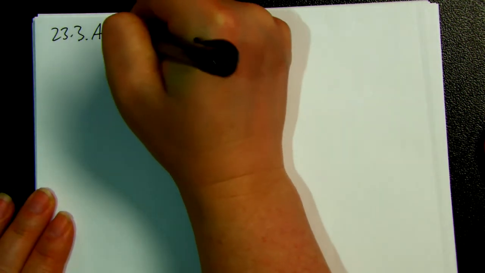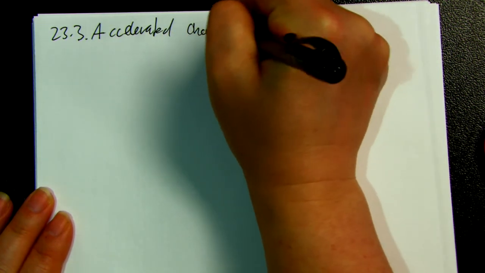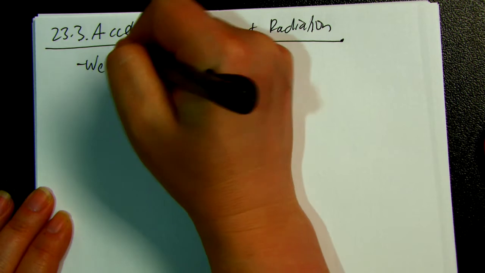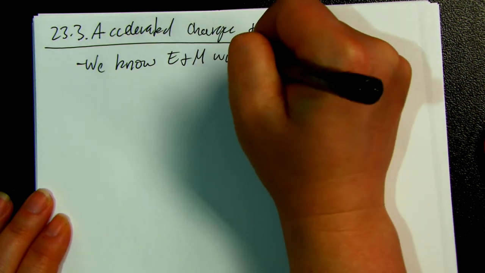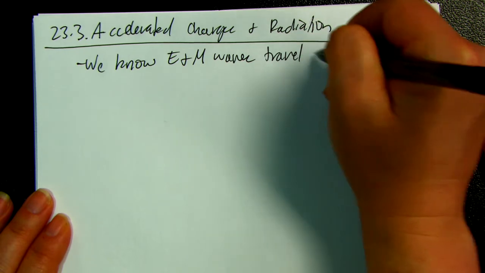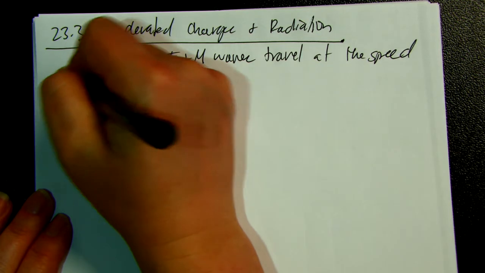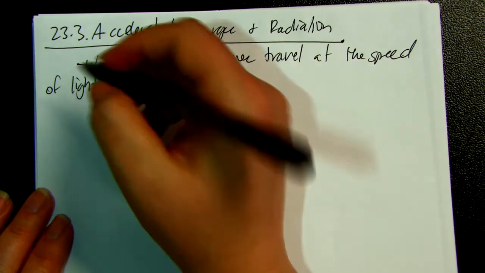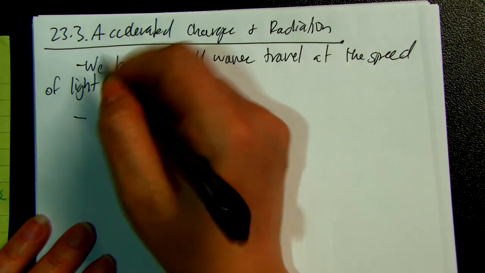Accelerated charges and radiation. All right, so we know E and M waves travel at the speed of light. So we know that.